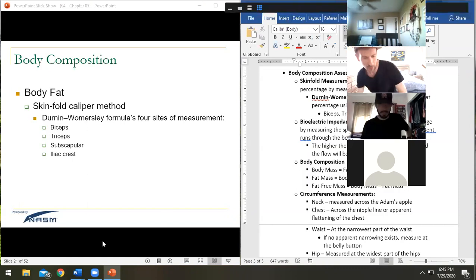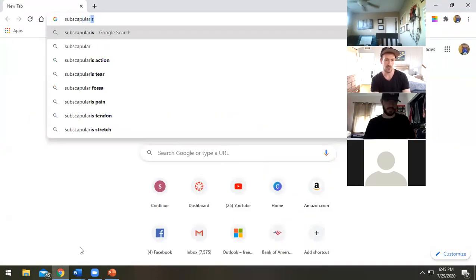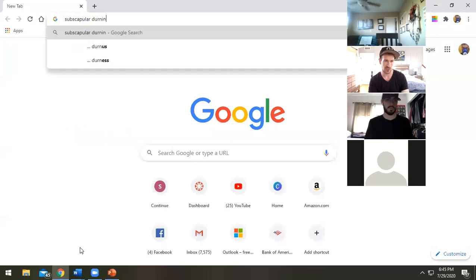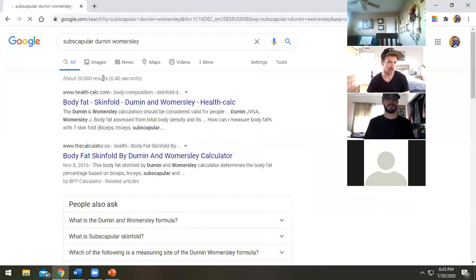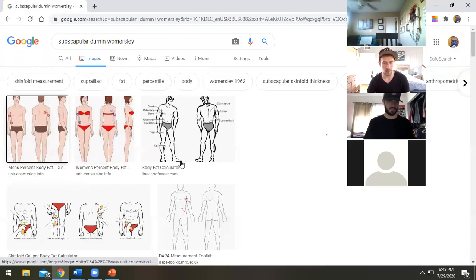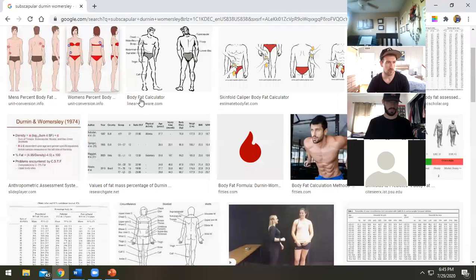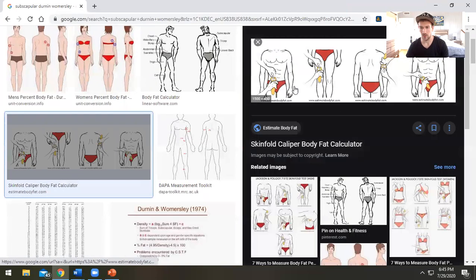So I'll pull up a picture here. Subscapular. Yeah, so you're gonna do it. Come on, I gotta have a better picture than that. There we go, that'll work. So there's the, well, yeah, this is totally vertical.